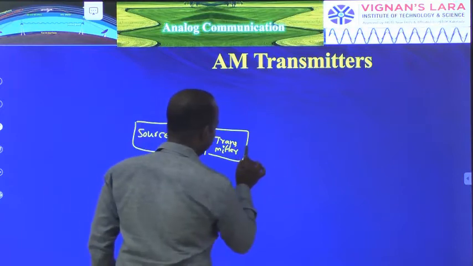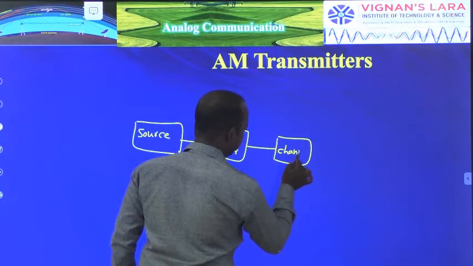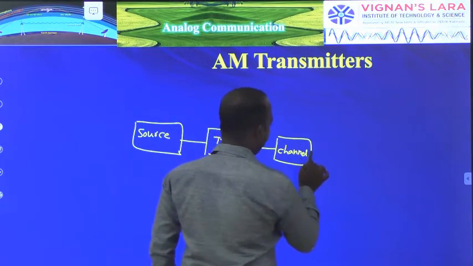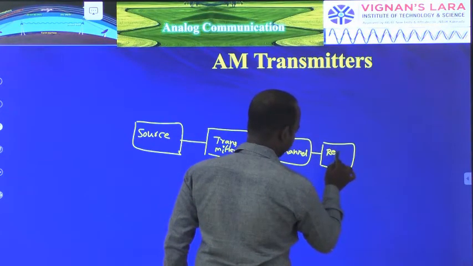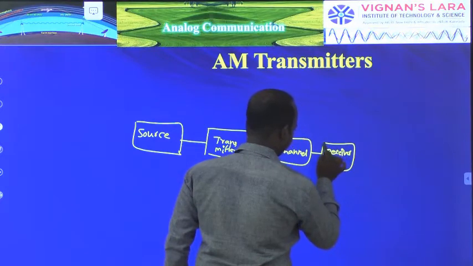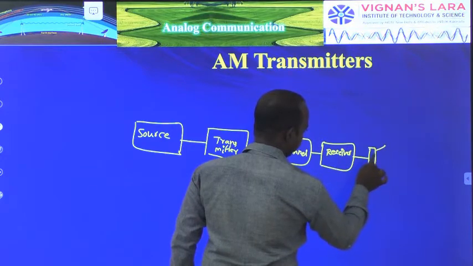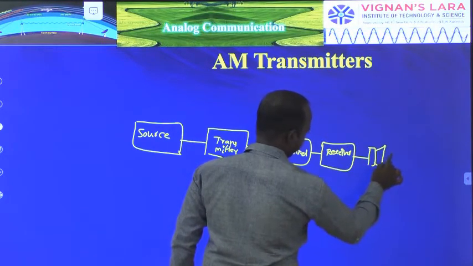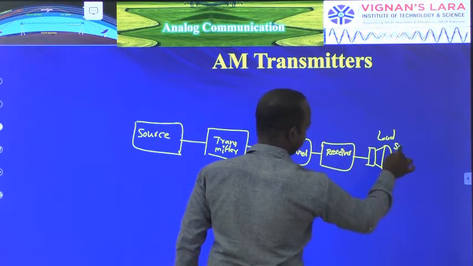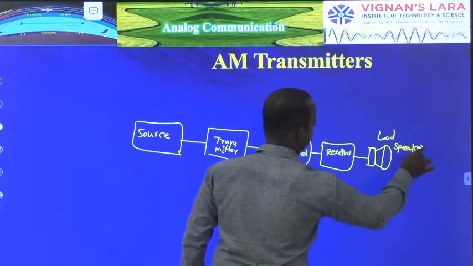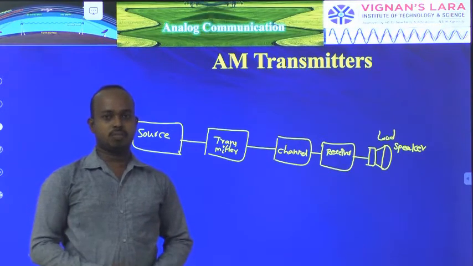The transmitter is connected to the channel. The channel on the second side is connected to the receiver. The receiver connects to the destination point, where I am connecting a loudspeaker. This is the fundamental structure of any communication system.